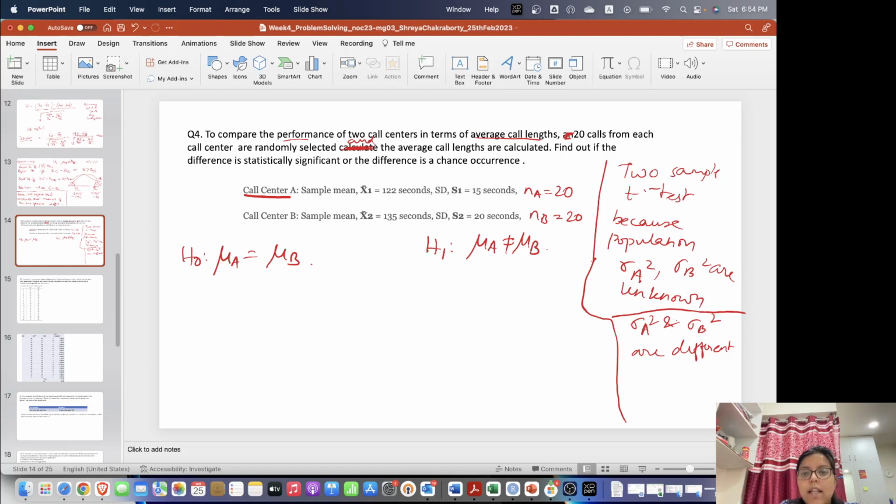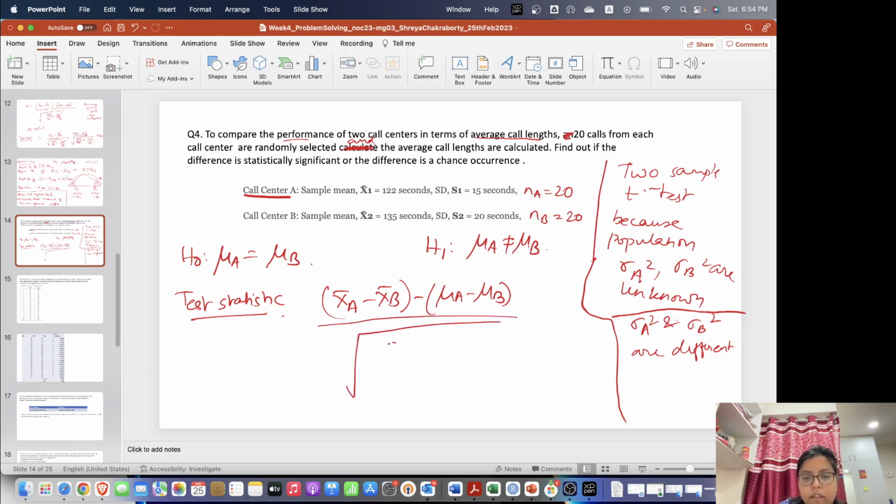Okay, so with that, our test statistic is X_A bar minus X_B bar minus (mu A minus mu B) divided by root over S_A square by N_A plus S_B square by N_B, which under H0 follows a T distribution with N1 plus N2 minus 2 degrees of freedom.